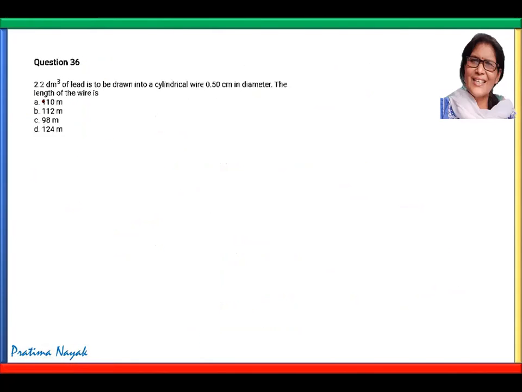Question number 36. 2.2 decimeter cube of lead is to be drawn into cylindrical wire of 0.50 centimeter in diameter. Find the length of the wire: 110, 112, 198, 124. So this is decimeter cube, that means it is the volume. Volume of the lead, it is a metal. It will be drawn into a wire, which is in the form of a cylinder, a very thin cylinder.